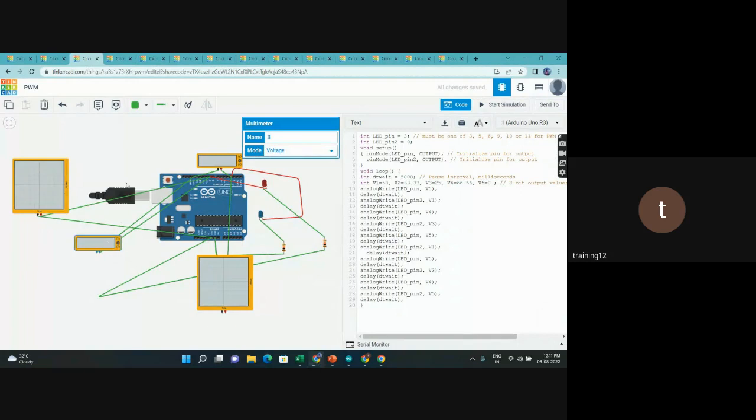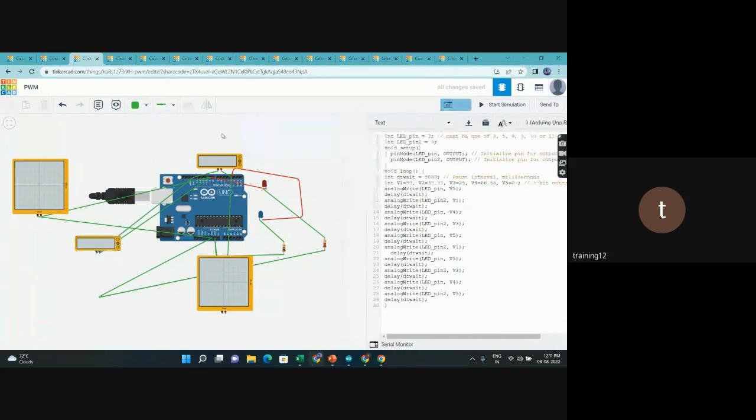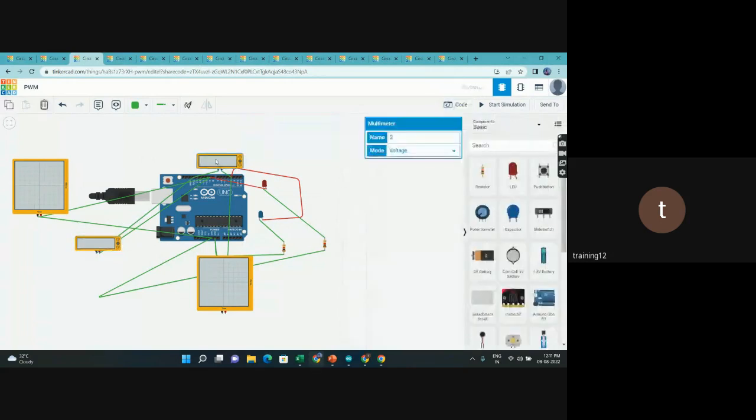In the multimeter you can see the voltage, resistance value, and also the current value. In the multimeter I have used a voltage, and according to the voltage, how the pulse changes is shown in this figure.